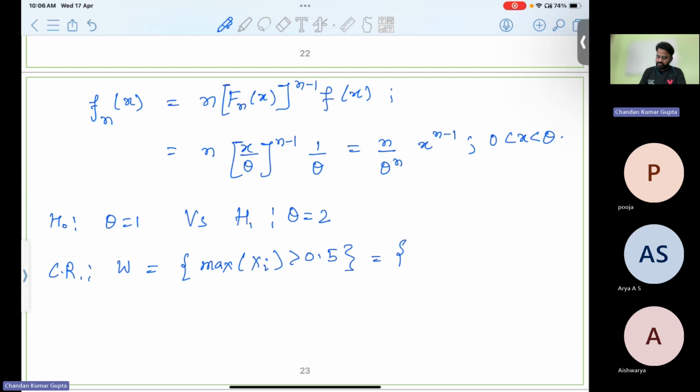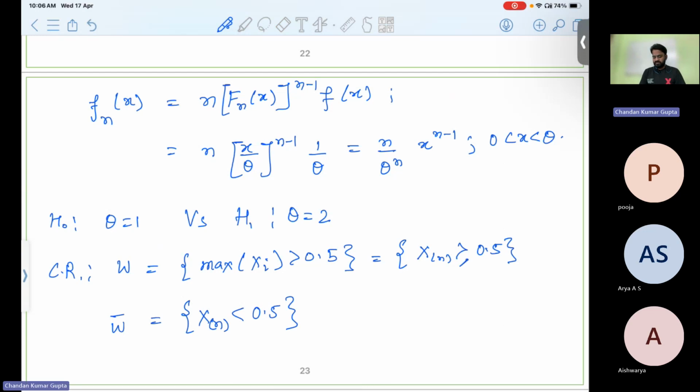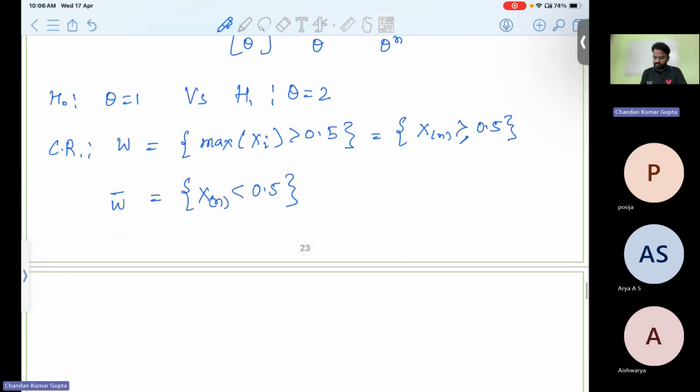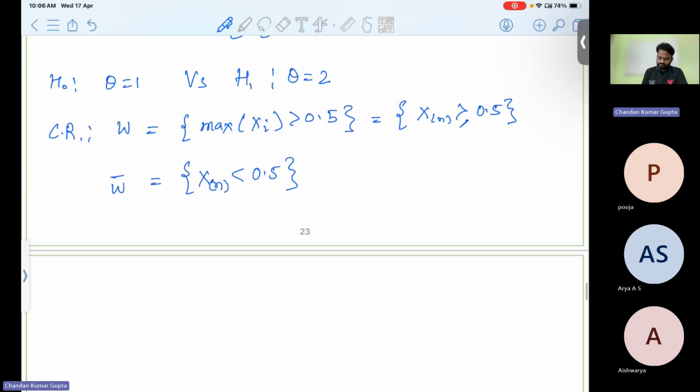The maximum of xi can also be written as xn. So the acceptance region will be less than 0.5. You may write equal to either here or here at your convenience, because it is a continuous distribution and the probability at a point is 0 in a continuous distribution.